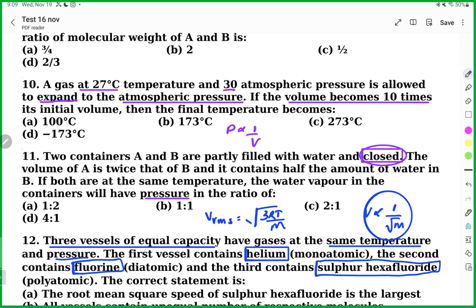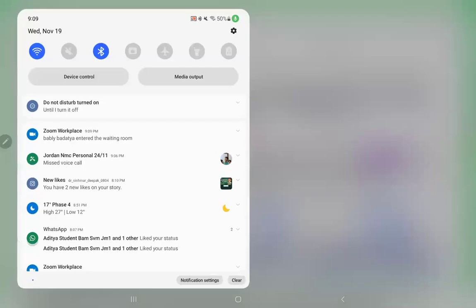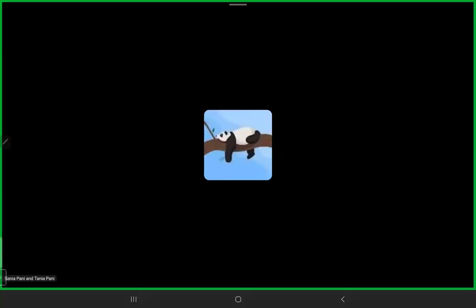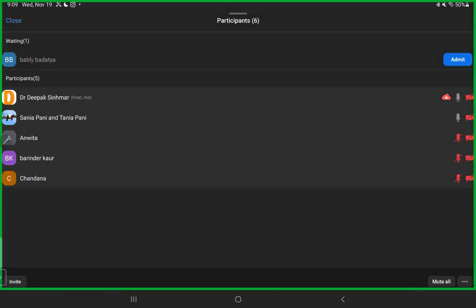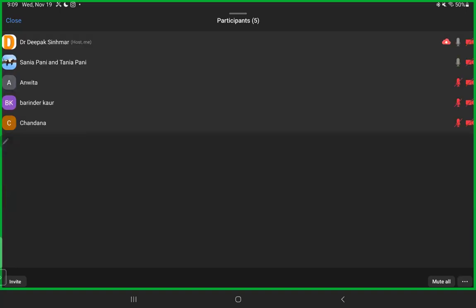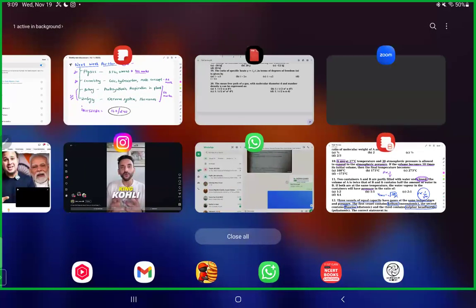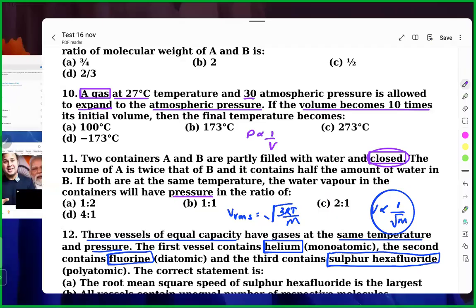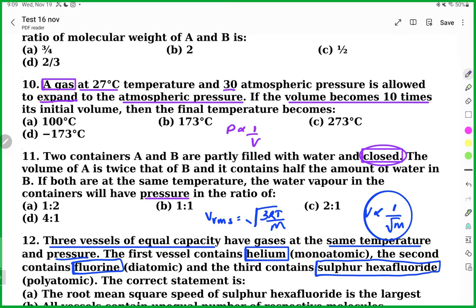सर हम लोग PV is equal to nRT डाल के कर सकते हैं। See, the main concept is you have the same gas.